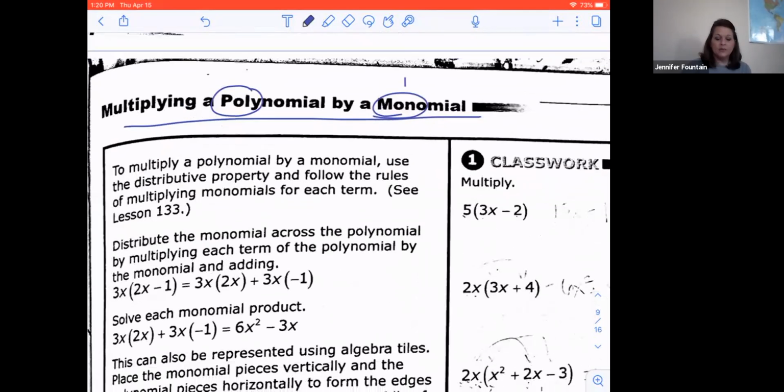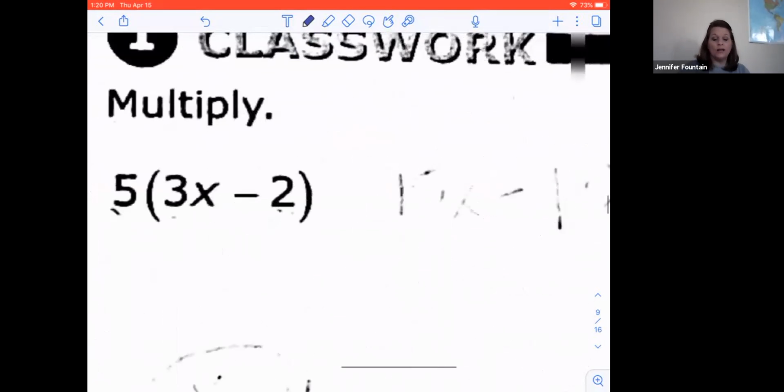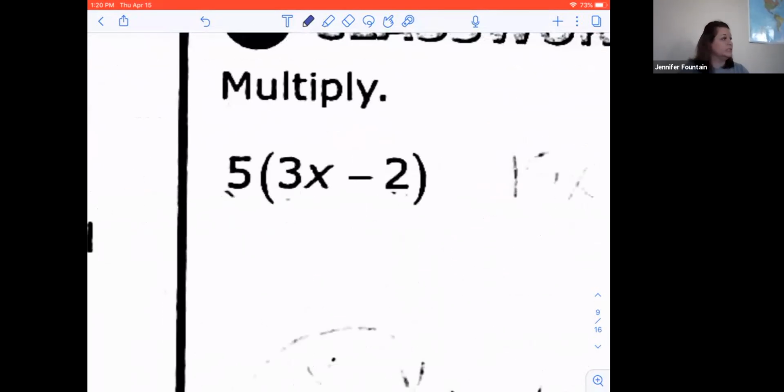And so it says to multiply a polynomial by a monomial, use the distributive property and follow the rules for multiplying monomials for each term, okay? So the distributive property, remember we've talked about how when I see something outside of parentheses, I want to distribute that to each one inside parentheses. So if I have to distribute a 5, remember my parentheses are telling me I'm multiplying.